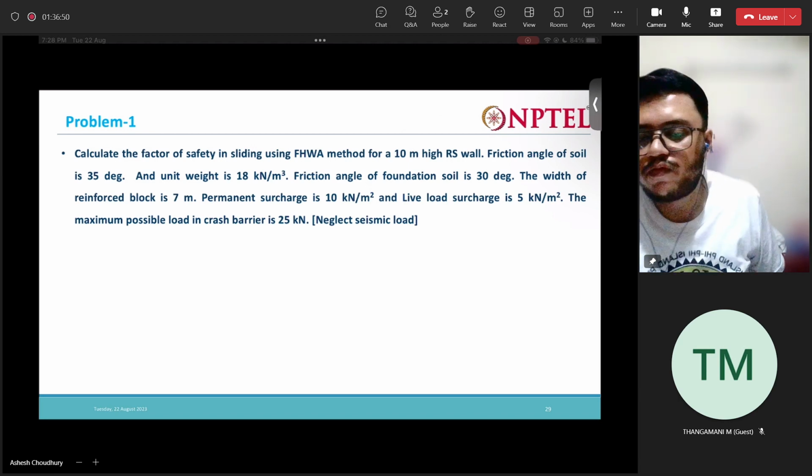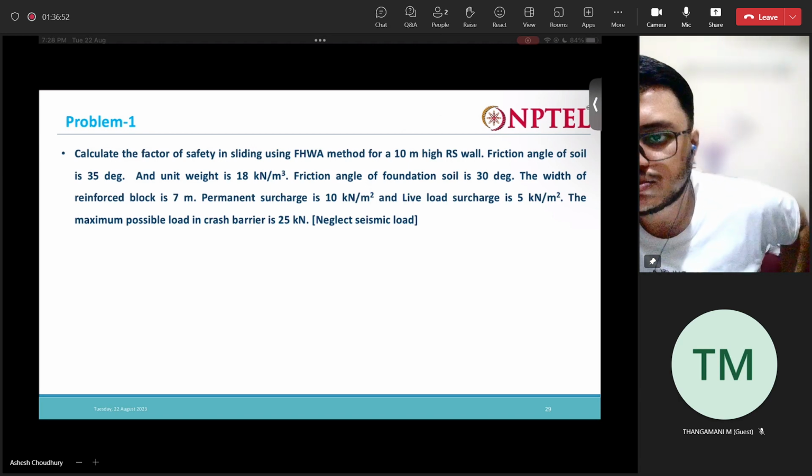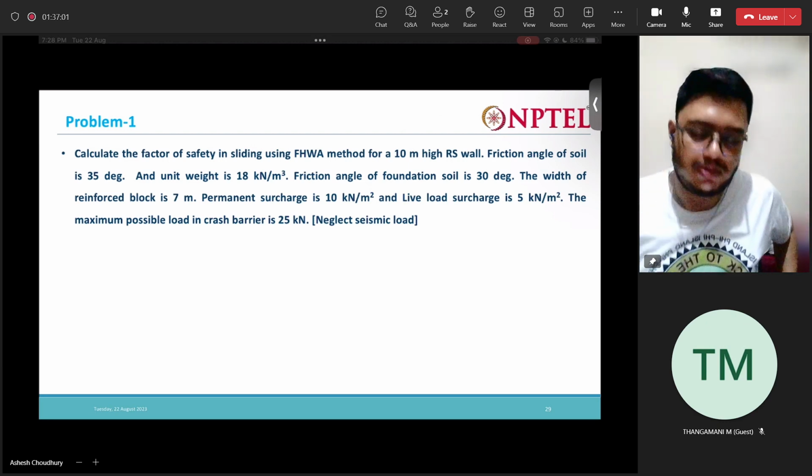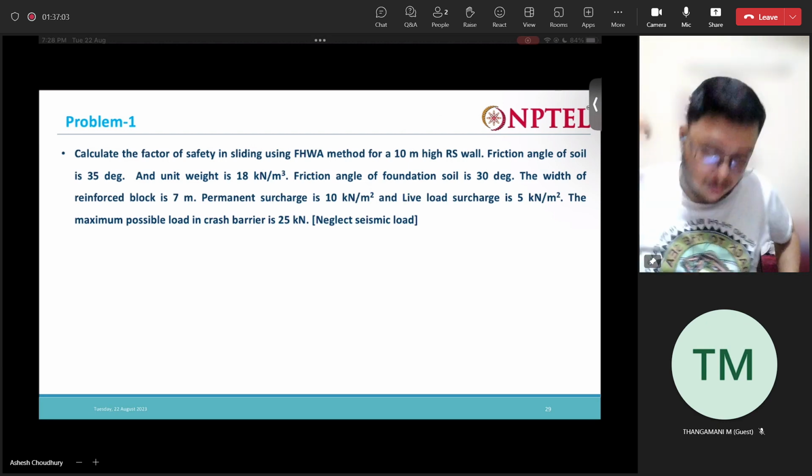So what we need to do, first we need to calculate the factor of safety in sliding. To determine it, we need to determine the total horizontal loads that are acting.